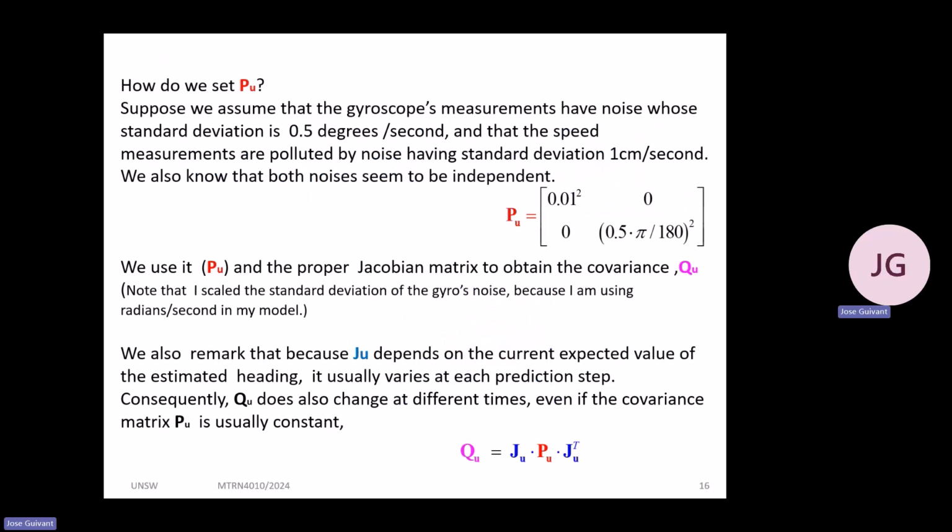Then you say, but we need to know the covariance of the noise which is polluting the inputs. Well, that is something we usually have, because we experiment with the sensor, or because we read the specification of the maker.